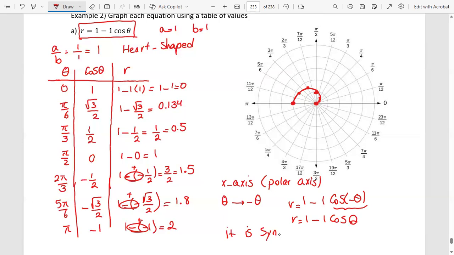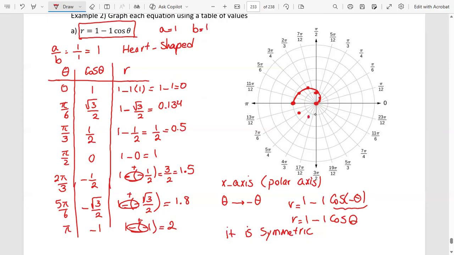When it's symmetric about the polar axis, that means for all the points above the x-axis, we can have similar points under the x-axis, and for those under the x-axis, we can have the same points above. So for every point that I have above the x-axis now, I can have another point under the x-axis. For this one, I can have here.